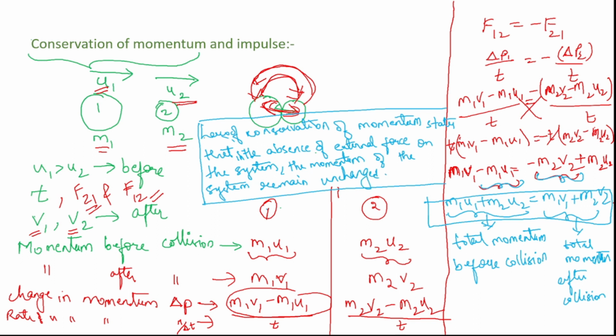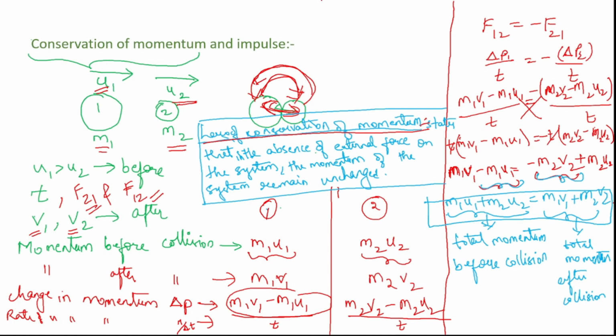So what is the law of conservation of momentum? It is nothing but: in the absence of net external force on the system, the momentum of the system will remain unchanged. So by this you can understand what conservation of momentum is.